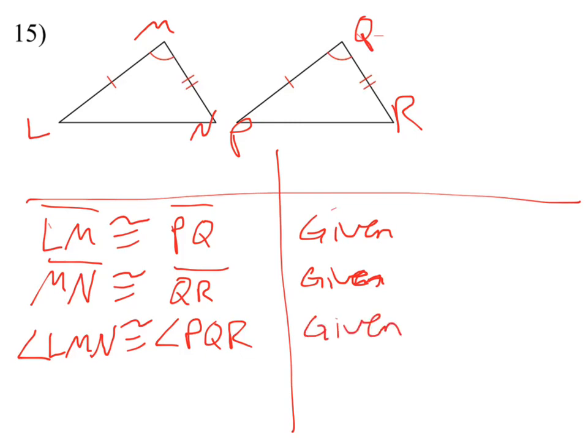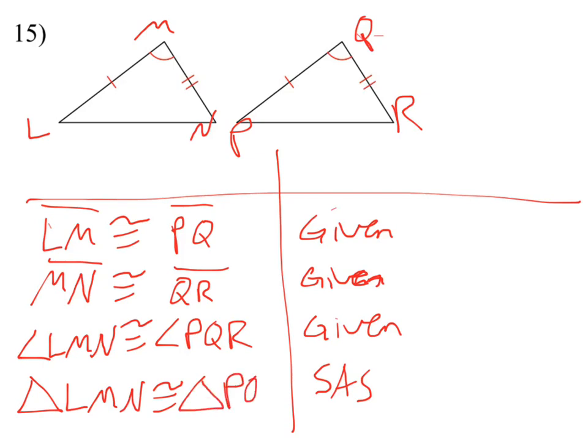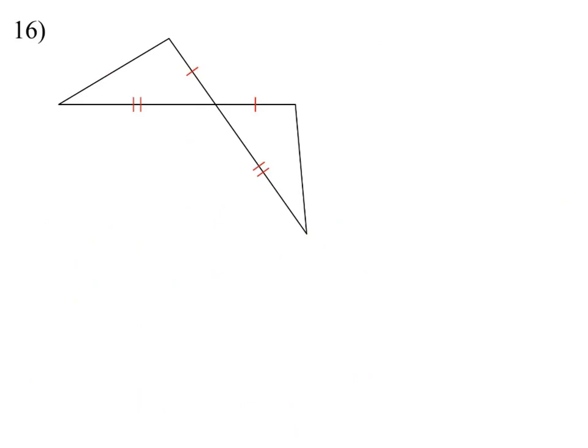And now that I have two sides and the angle between them, I have side, angle, side, which lets me know that those triangles are the same. They're congruent. Triangle LMN is congruent to triangle PQR. Once again, make sure those letters match up. And finally, our last one.